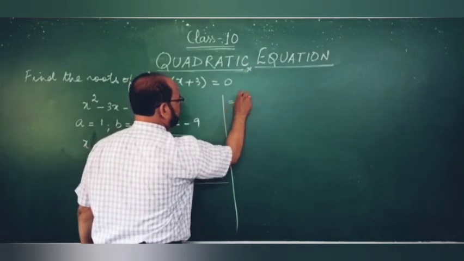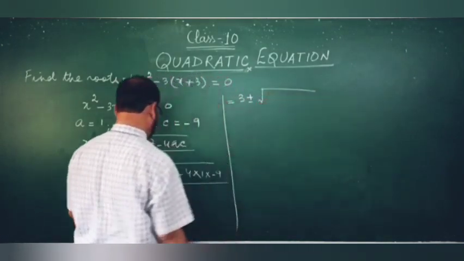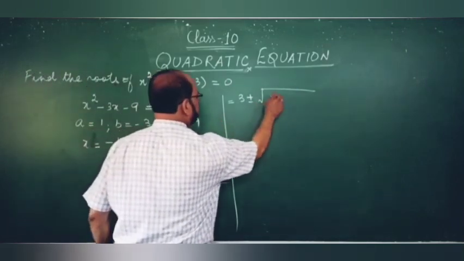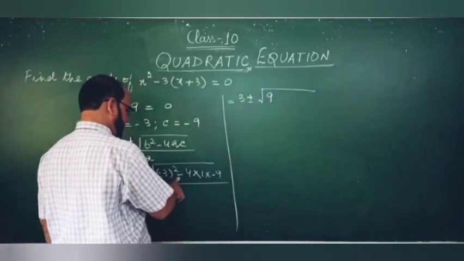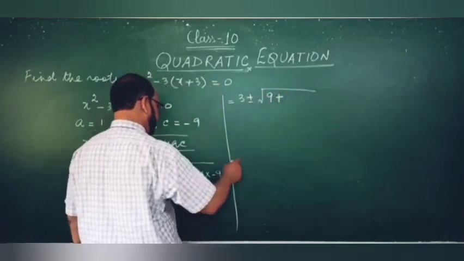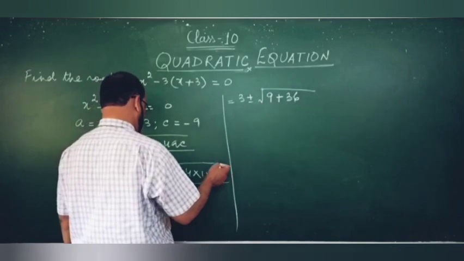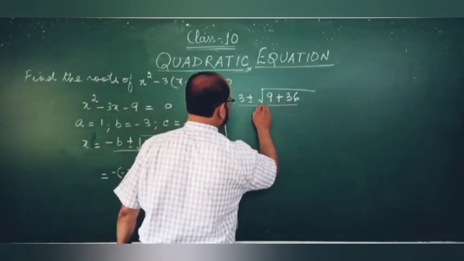Negative negative will become positive, plus minus under root negative 3 square will give you positive 9, and negative will become positive, 4 9s are 36, upon 2.